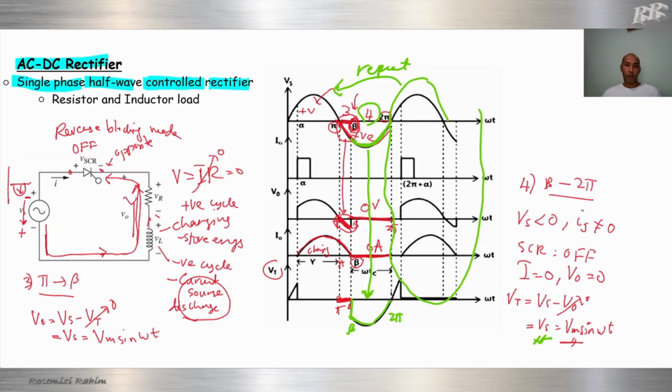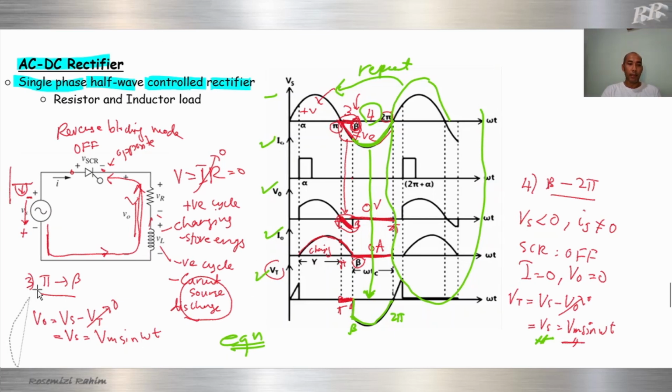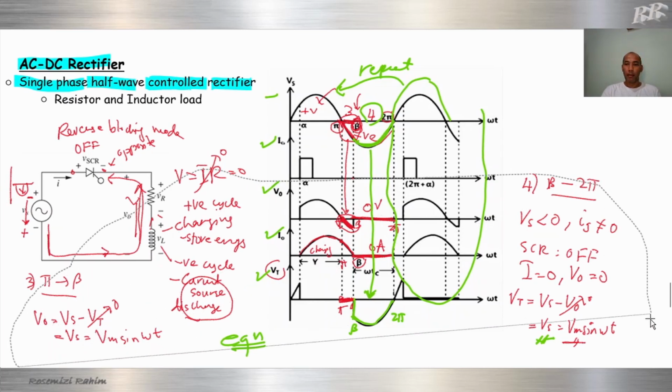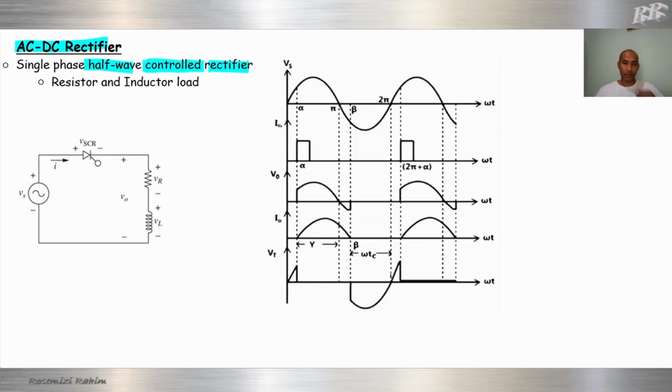For the response of each component we have the waveform of input, gate current, output voltage, output current, and also thyristor voltage. So now we go to the derivation of the equation. Let's derive the equation.